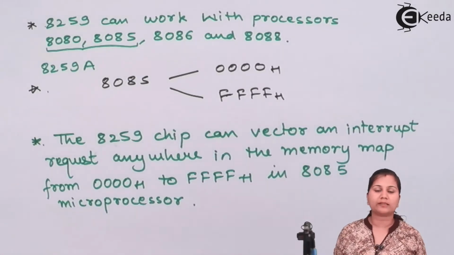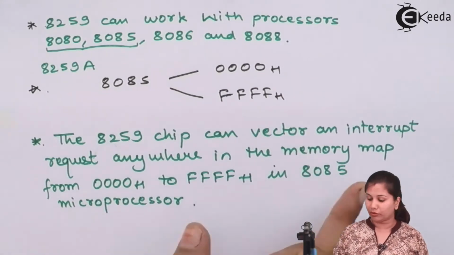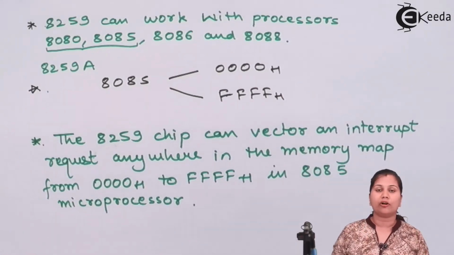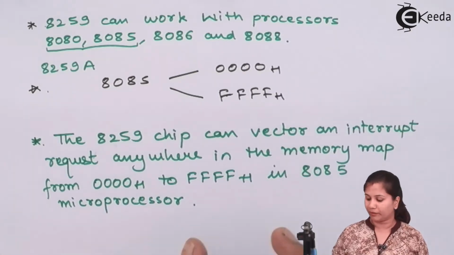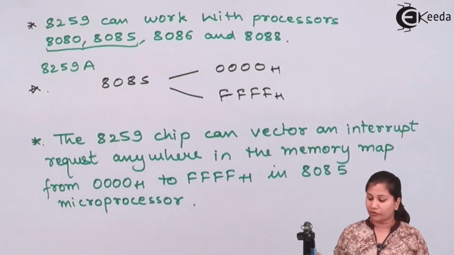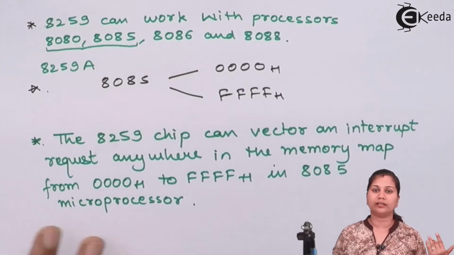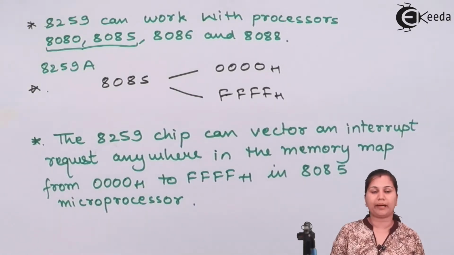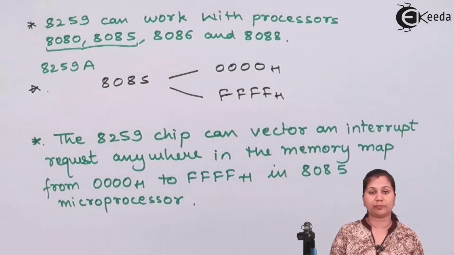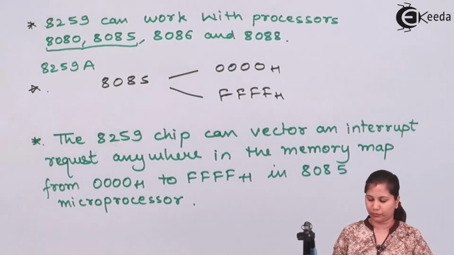So anywhere in this memory map, the interrupt request can be vectored, or its service routine can be written at any memory location between 000 and FFFH. Now this eliminates the drawback that in the case of TRAP and RST 7.5, 6.5, the service routines are written on the same page 00.